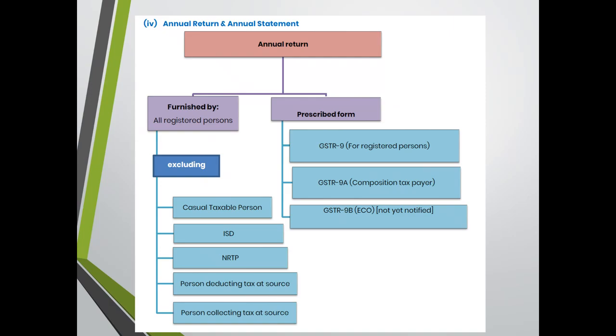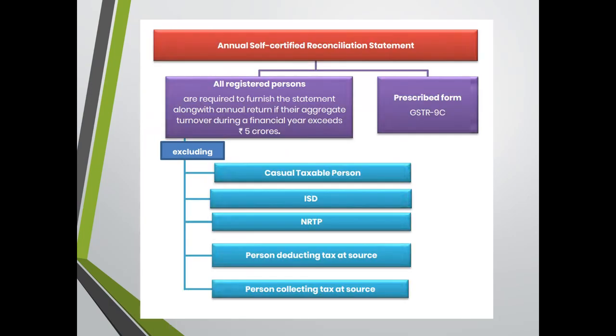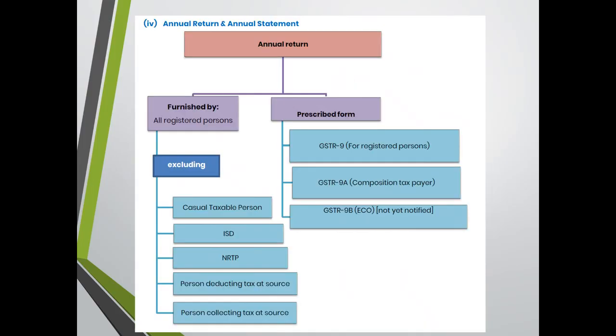Then comes the annual return. That has to be submitted on an annual basis. There are 3 types of forms: GSTR 9 for regular persons, 9A for composition taxable persons, and 9B for electronic commerce operators.